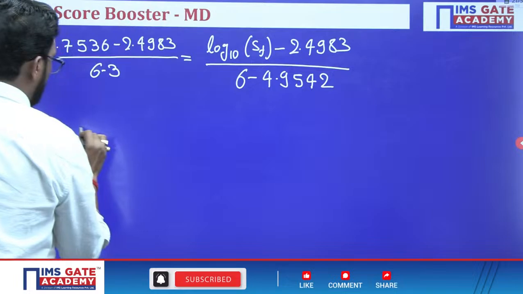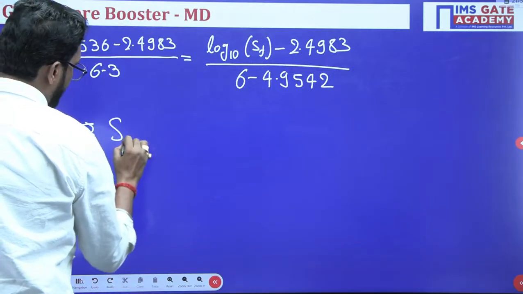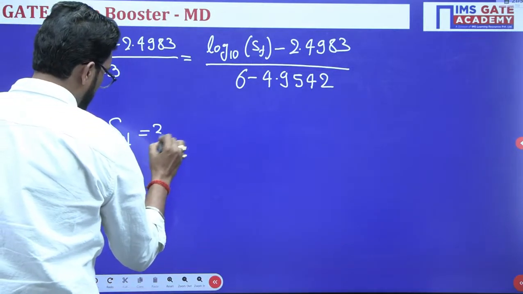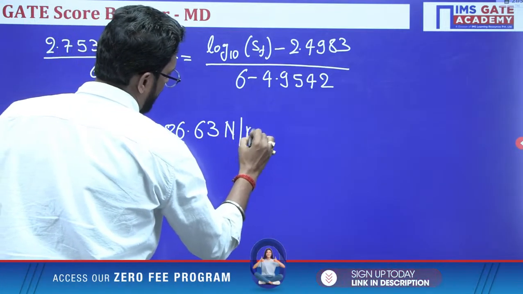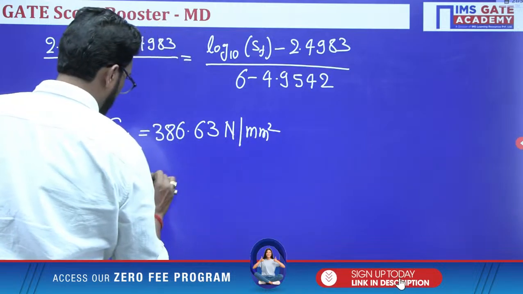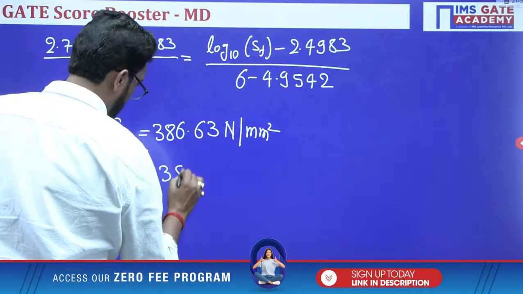If you solve, you can easily calculate SF here, and that is 386.63 Newton per mm square, approximately 387 Newton per mm square.